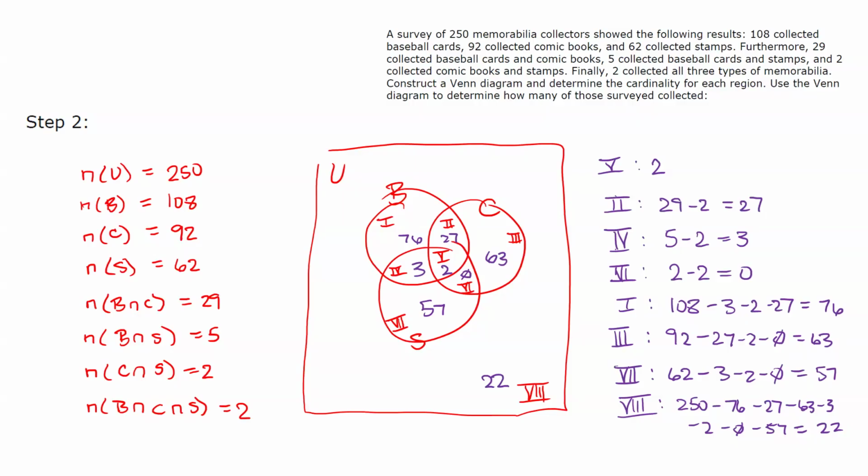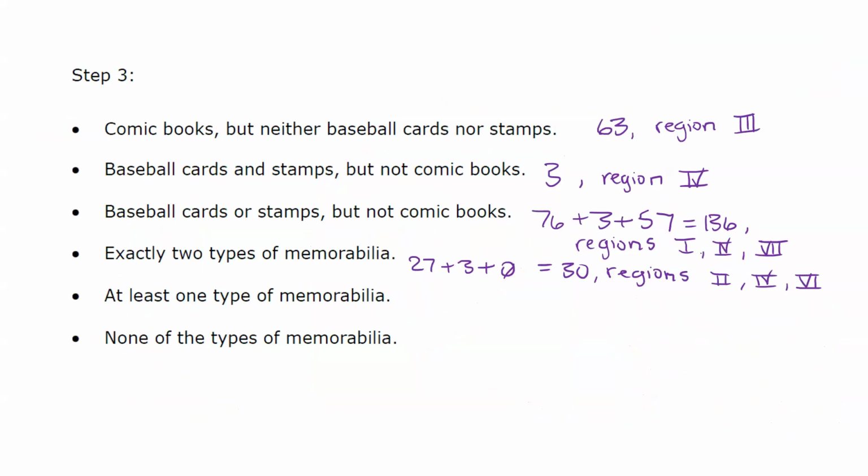So the amount of people who have at least one memorabilia is going to be the value where all of the numbers within those 3 sets are added together. So this would be 76 plus 27 plus 63 plus 3 plus 2 plus 0 plus 57.